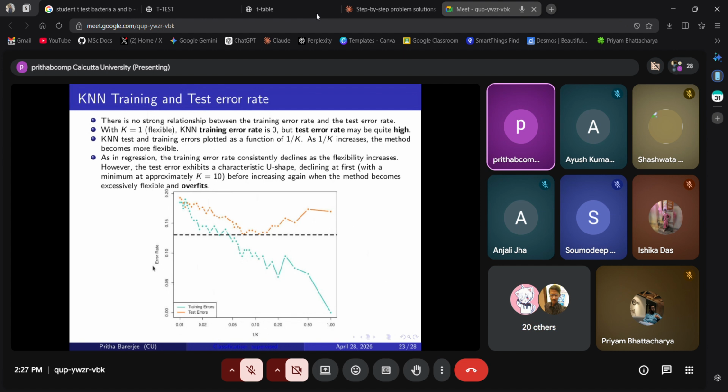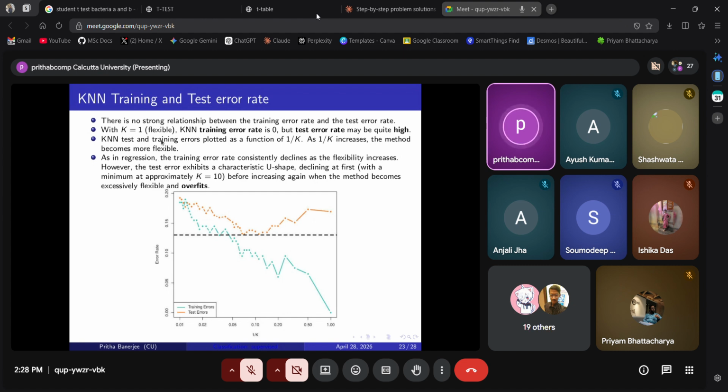On the y-axis we have the error rate, meaning the average number of mismatches. Error rate is nothing but the average rate of mismatch. This blue line is the training error, and the orange line is the test error.